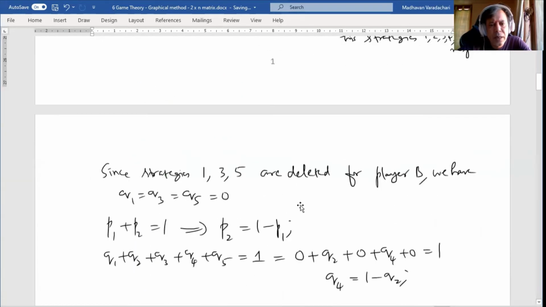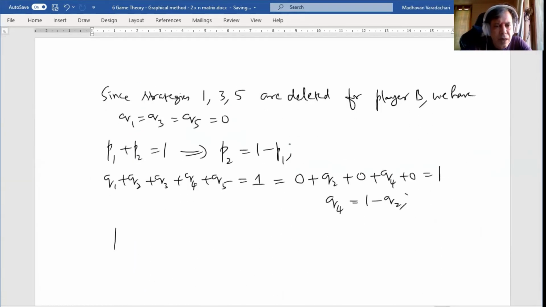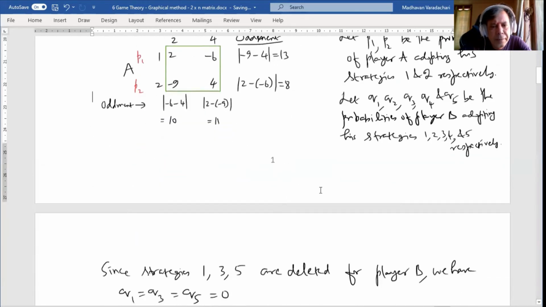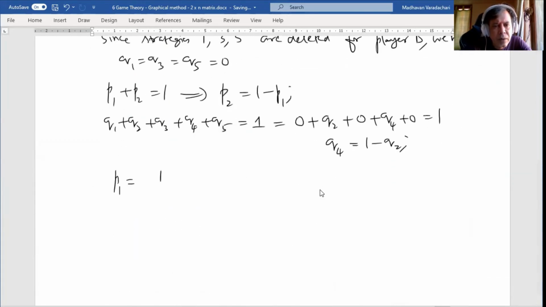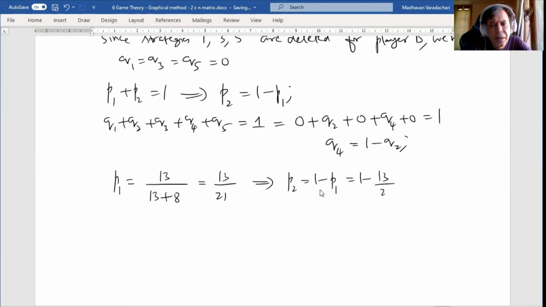Now let us calculate the probabilities. We have P1 equal to the corresponding oddment 13 divided by the sum of the oddments in the rows, so it becomes 13 by 21, which means our P2, which is 1 minus P1, will be 1 minus 13 by 21, and that will be 8 by 21.